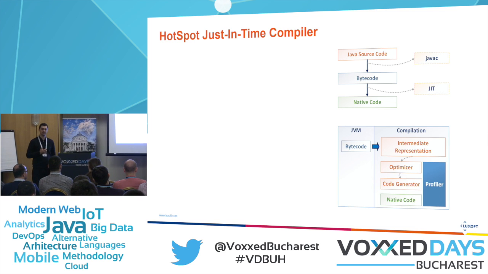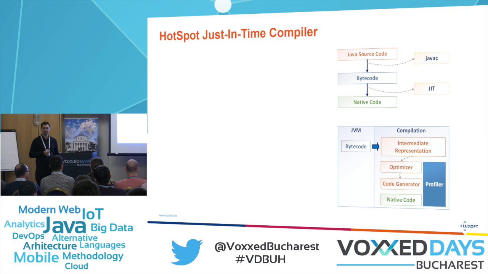First, it's mapped to a high-level representation for the front-end compiler. After that, it's mapped into a low-level representation for the back-end compiler. It is profiled, a lot of optimization occurs during the runtime, there is also a profiler involved, and at the end, there is the native code.